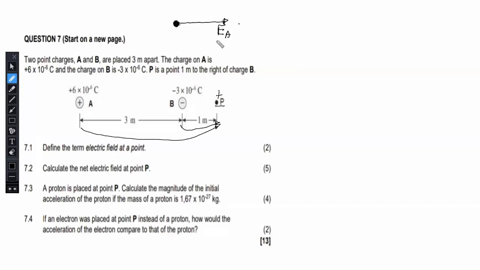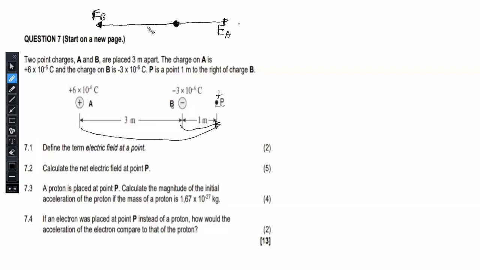So this means this is the electric field due to point charge A. Due to charge A on point charge P, right? Then we have the point charge relative to B here. Because the point charge is positive and B is negative, we do understand that the point charge will be attracted towards charge B, right? So this will be EB, right?